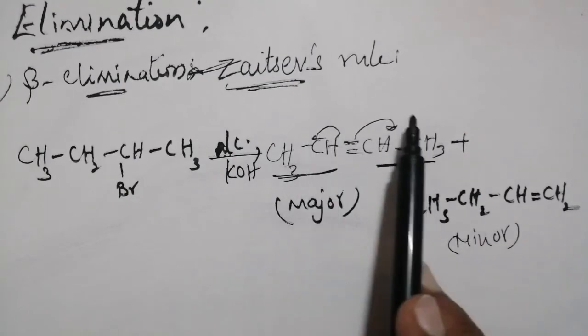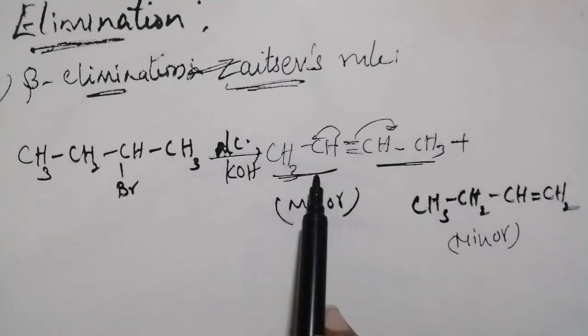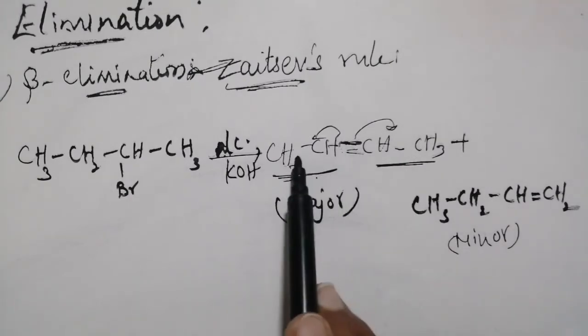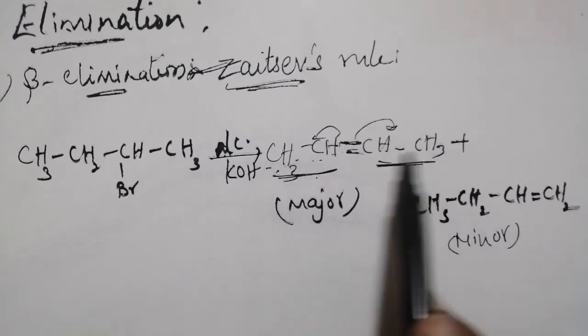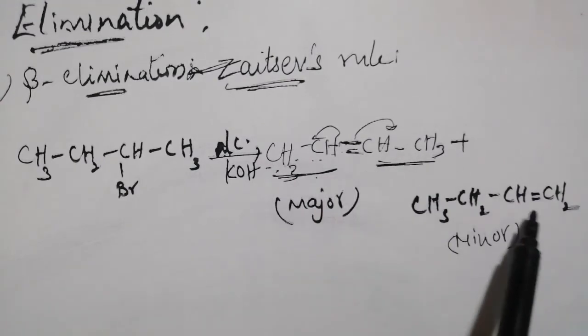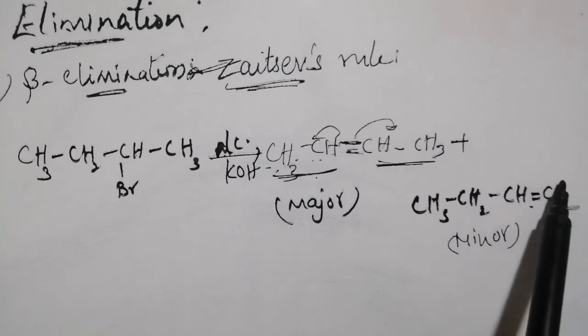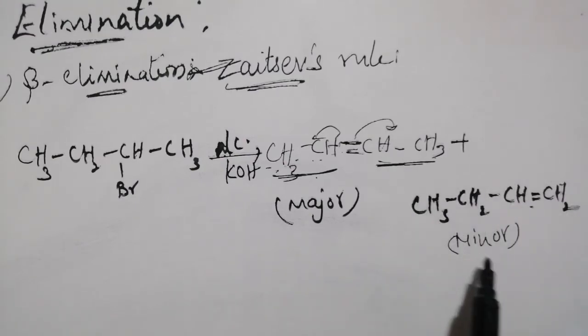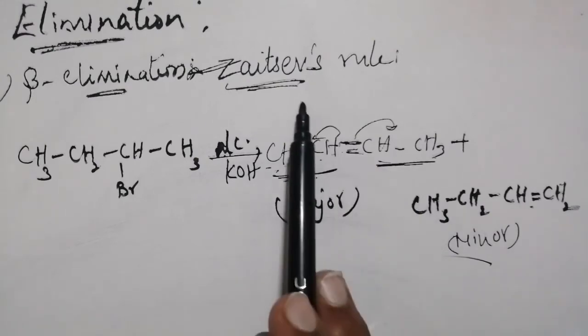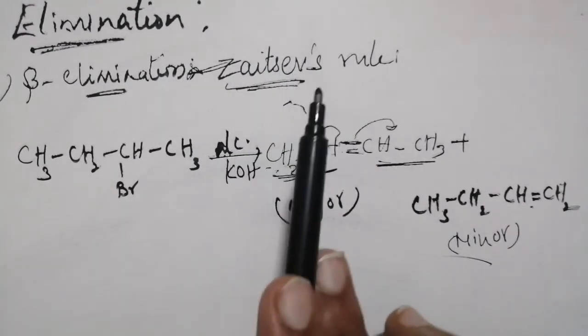Here I have 2 alkyl groups on each side, but here I have only one alkyl group on one side and 3 on the other. So it becomes the minor product according to Zaitsev's rule.